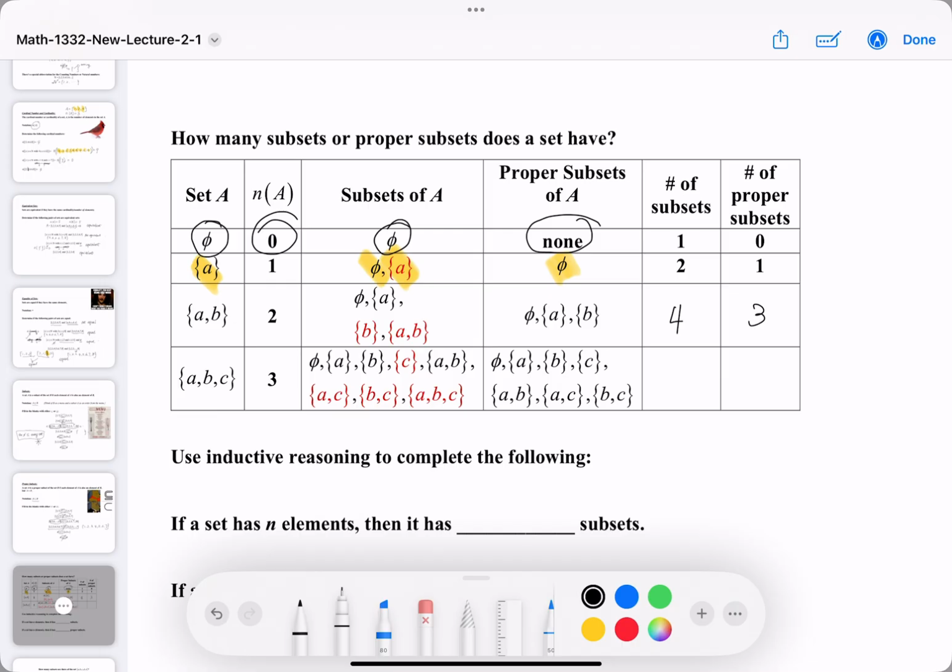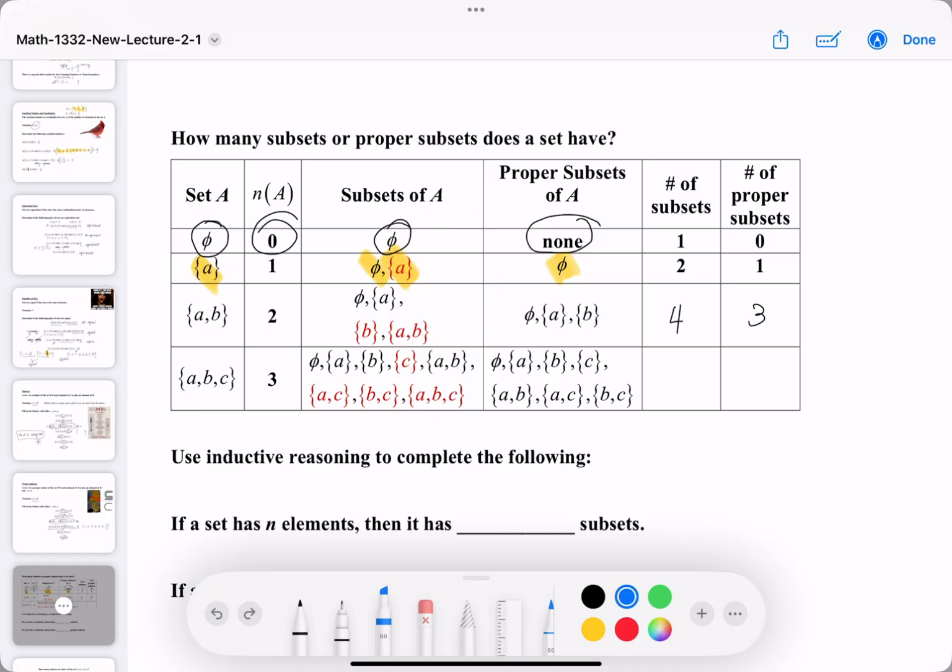Okay, how about the next one? We have 3 elements, A, B, C. So the cardinality is 3. And we list all of the subsets. They are the empty set, A, B, C, and {A, B}, {A, C}, {B, C}, {A, B, C}. For the proper subsets, I cannot say {A, B, C}. We can only choose the other sets.